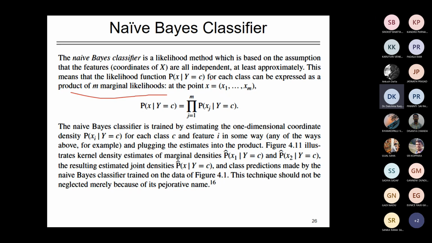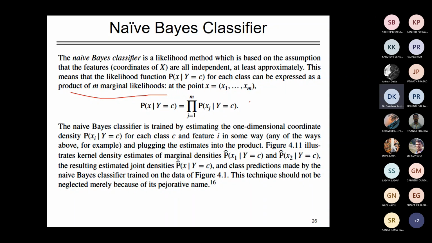For this class we have to estimate the likelihood function, and this likelihood function can be expressed as the product of marginal likelihoods. That means we will get the marginal likelihood for each and every point from x1 to xm, and then we take the product of those m marginal likelihoods, and this will give us the likelihood function, the probability of x given y equals c.